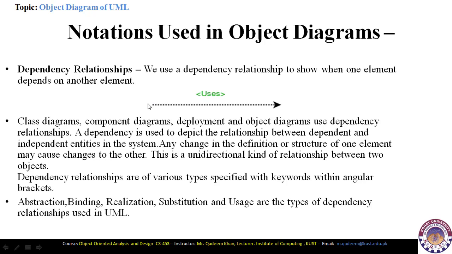Dynamic binding similarly. Realization means that one object realizes that the other exists, for example we realize interfaces, so this interface is realizing or using another component. Substitution means that this object is part of another object, or it is substituted here.